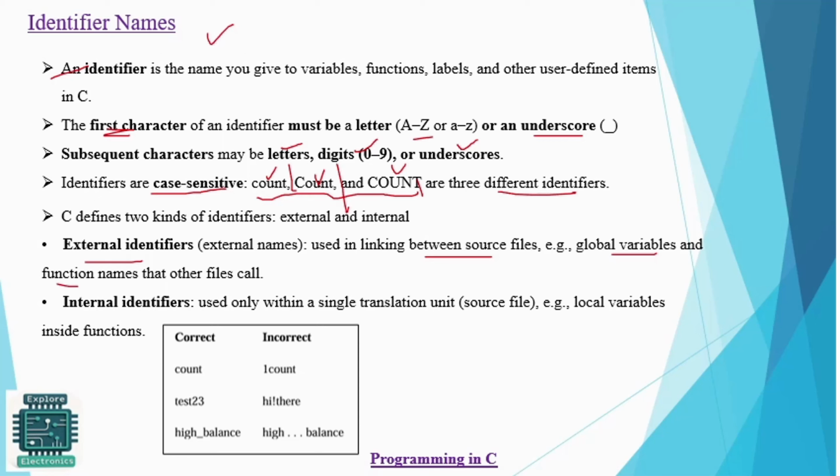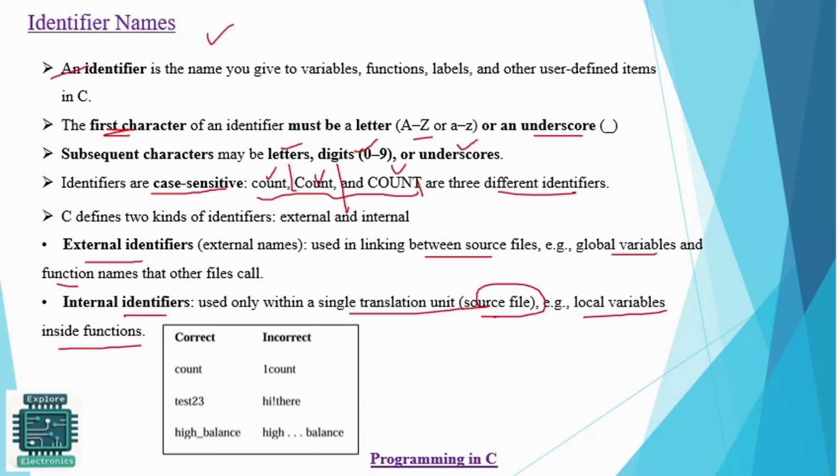Internal identifiers are used only within a single translation unit, means a source file. Within a file, we use internal identifiers, means external files can't use the identifiers which are mentioned internally. For example, local variables inside functions are internal identifiers.